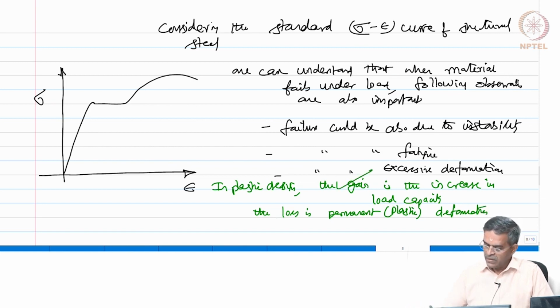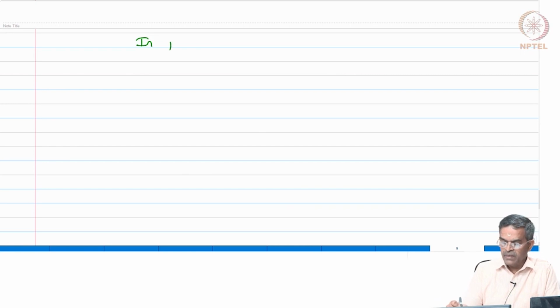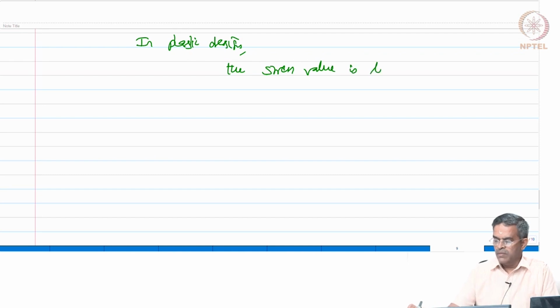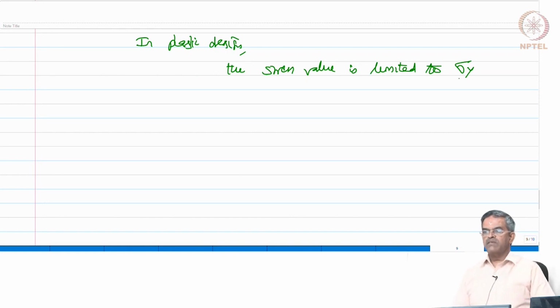So, there is a gain, there is a loss. Okay? It is also an interesting note that plastic design is named so even though the stress is up to sigma y. Please note that in plastic design, the stress value is limited to sigma y. If you ask me a specific question, what would be the sigma y, upper or lower yield, because many materials do not show both the yield points.